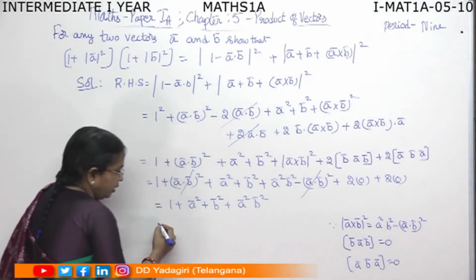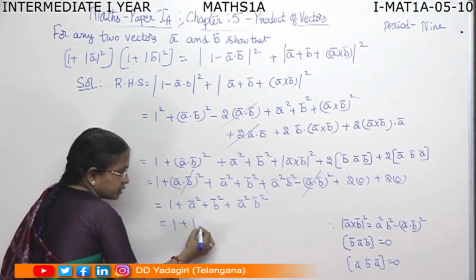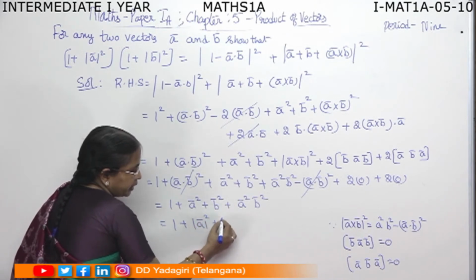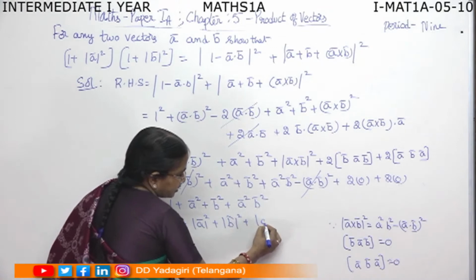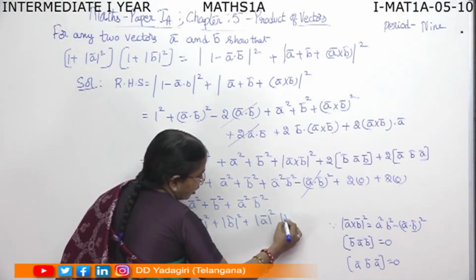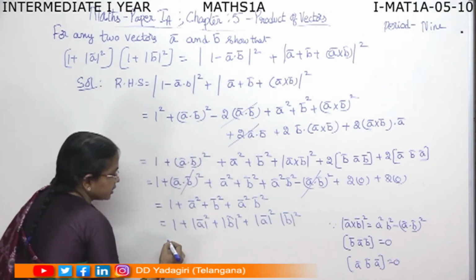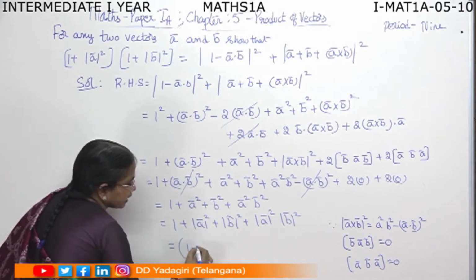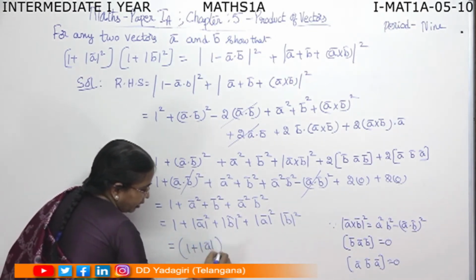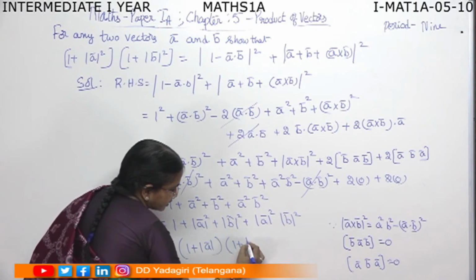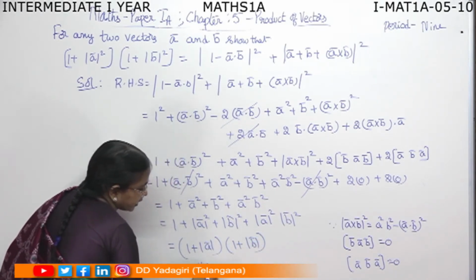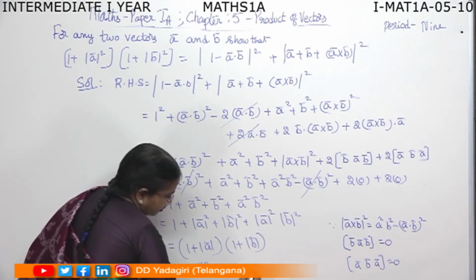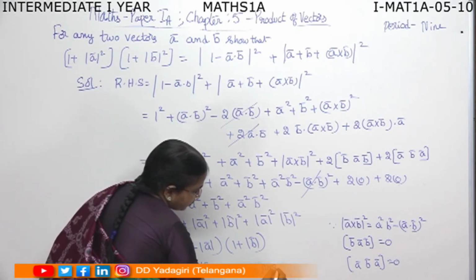A square is mod A square, B square is mod B square, and A square B square is mod A square into mod B square. Now you can factorize and write it as 1 plus mod A into 1 plus mod B. So this is your left hand side. Hence it is proved.